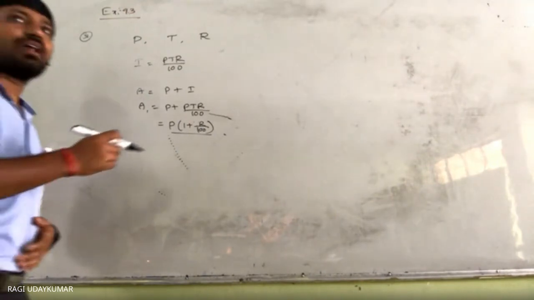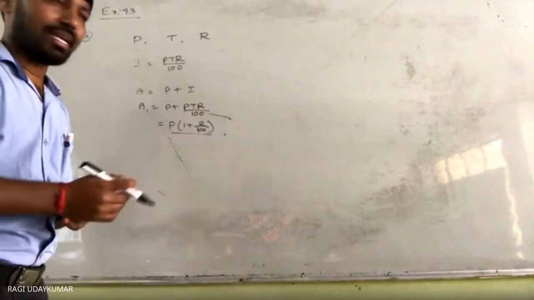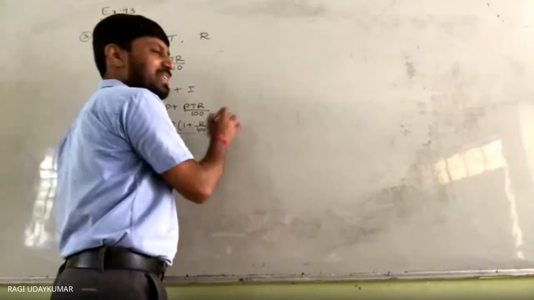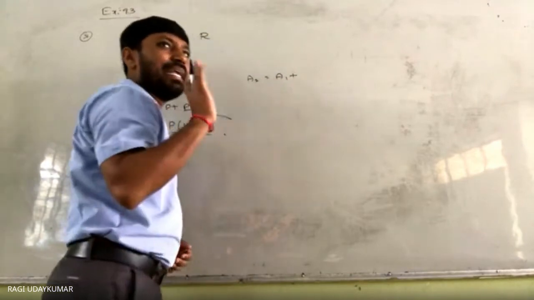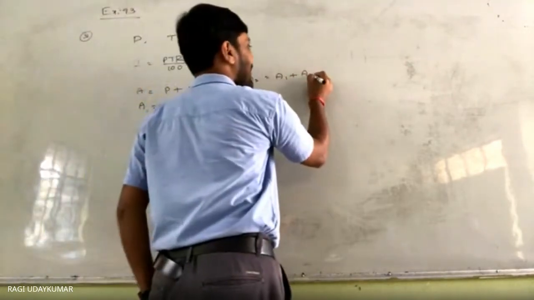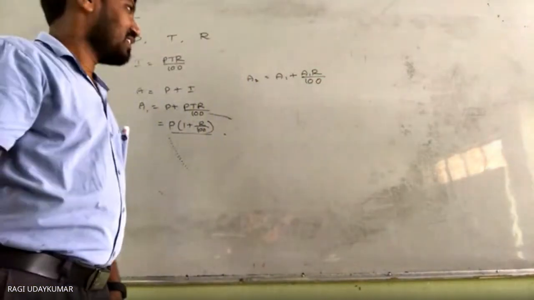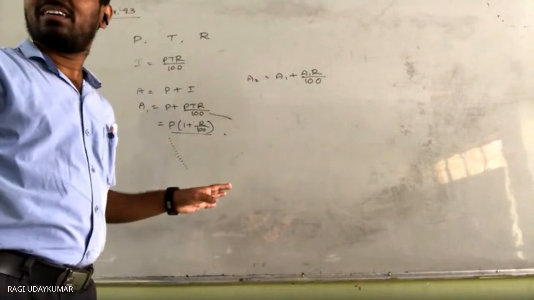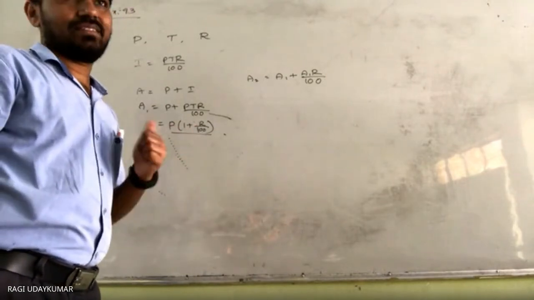So in compound interest, this amount will become the principal. So for the second year, it is not P into TR by 100, it is A1 into R by 100. Understood? A1 is the principal for the next year.